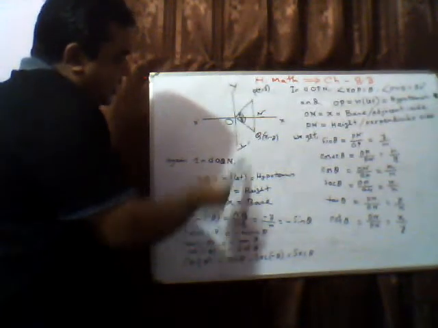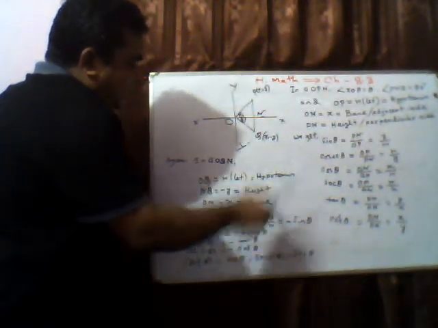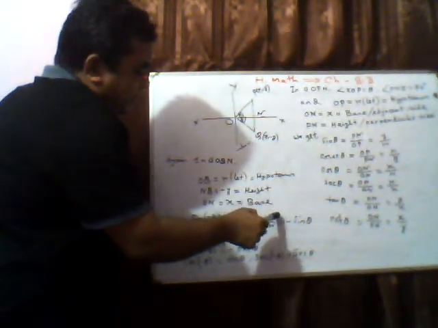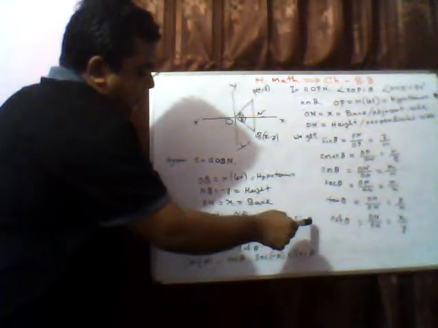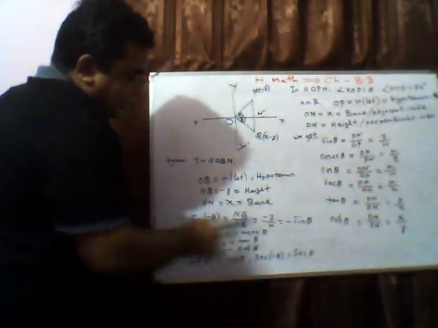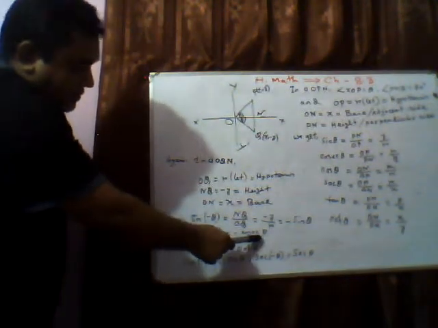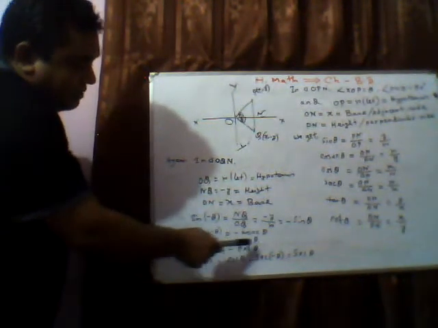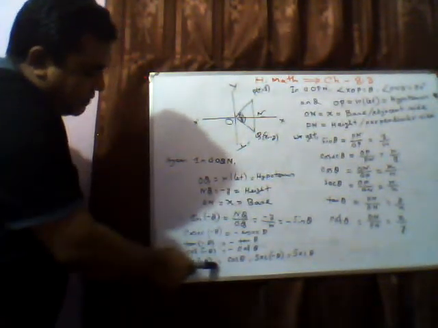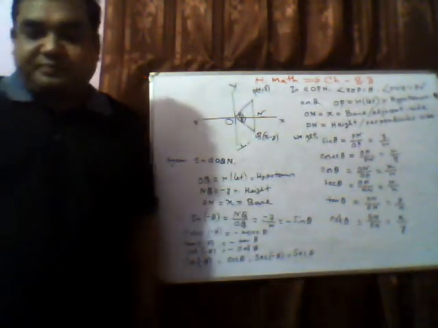Sine minus theta equals NQ divided by OQ equals minus y divided by r, that means minus sine theta. So sine minus theta equals minus sine theta, cosec minus theta equals minus cosec theta, tan minus theta equals minus tan theta, cot minus theta equals minus cot theta, cos minus theta equals cos theta, sec minus theta equals sec theta.